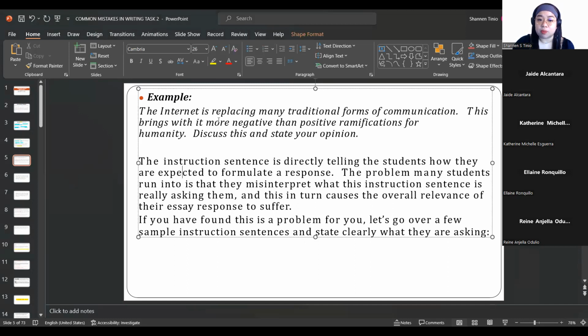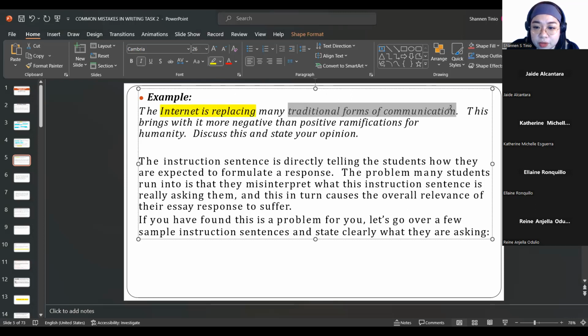This brings with it more negative than positive ramifications for humanity. Discuss this and state your opinion. Okay. Let's check the keywords. The internet is replacing what?